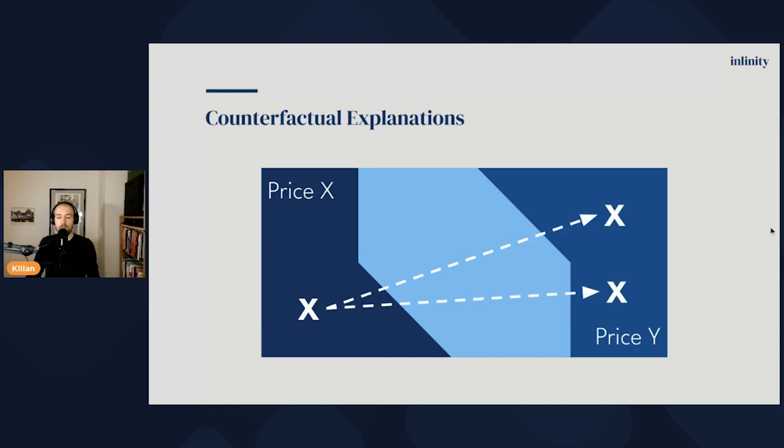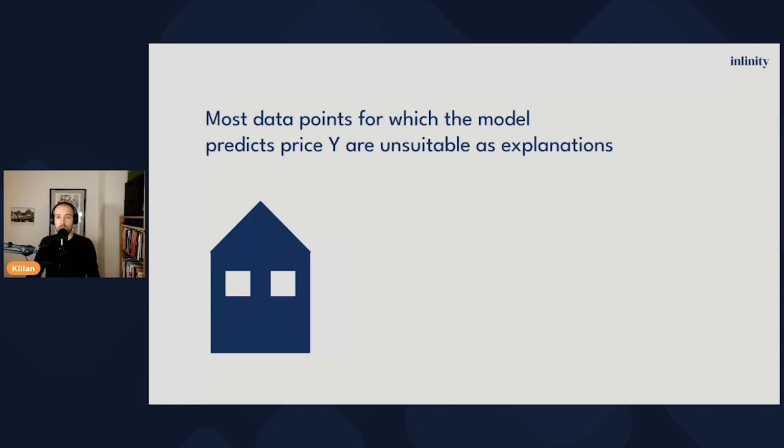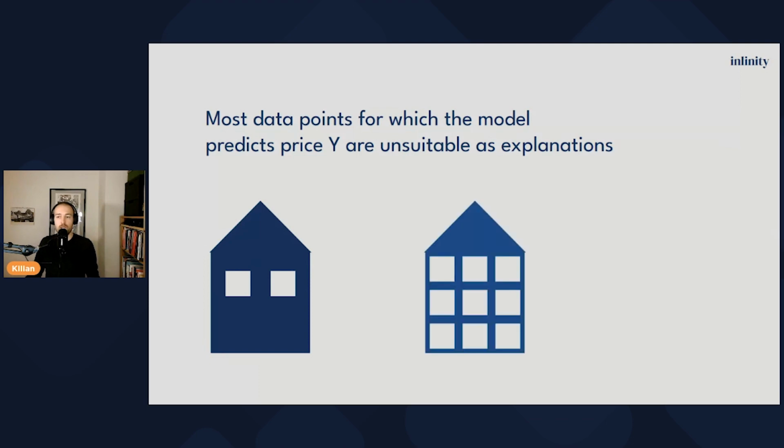You can already tell there are essentially infinitely many possible locations we could move this point to, and most of them will not make up a good explanation, because your model knows how to predict prices. For example, one way to increase the price of a house is to just have more rooms to it, and then you will just add more rooms, you will get a higher price, but that's really not a feasible house.